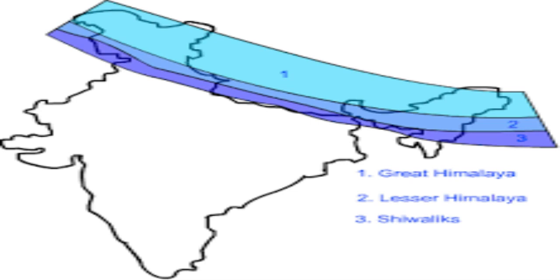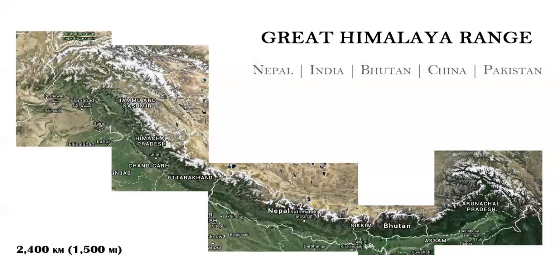You may locate them. Different colors are used in the map for the same. So, the Great Himalayan ranges actually share its borderline with Nepal, India, Bhutan, China, and Pakistan.